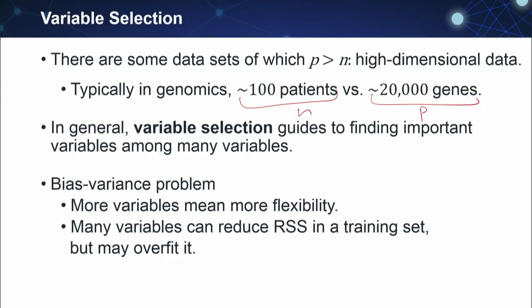In general, variable selection helps find important variables among many variables. This is related to the bias and variance trade-off. More variables means more flexibility. More variables can reduce RSS in a training set, but it may overfit. So that's the problem.